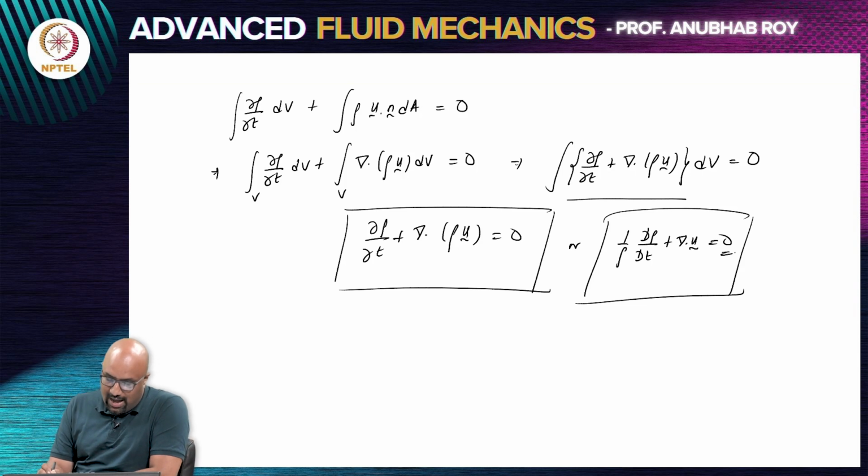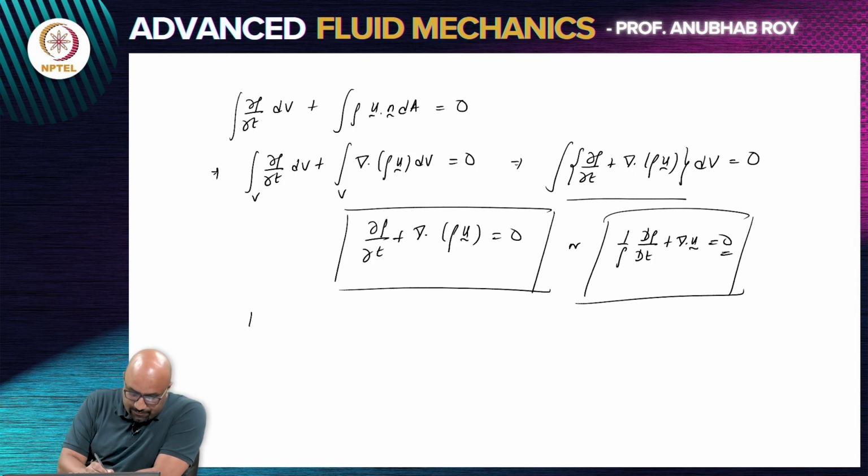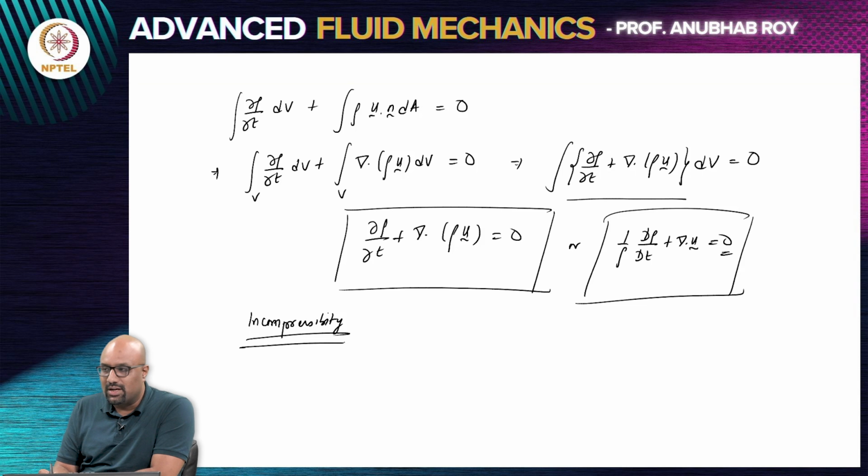So, having done this, now we move on to an assumption that we are going to use for the rest of the course, which is an assumption of incompressibility. We are going to consider flows to be incompressible.